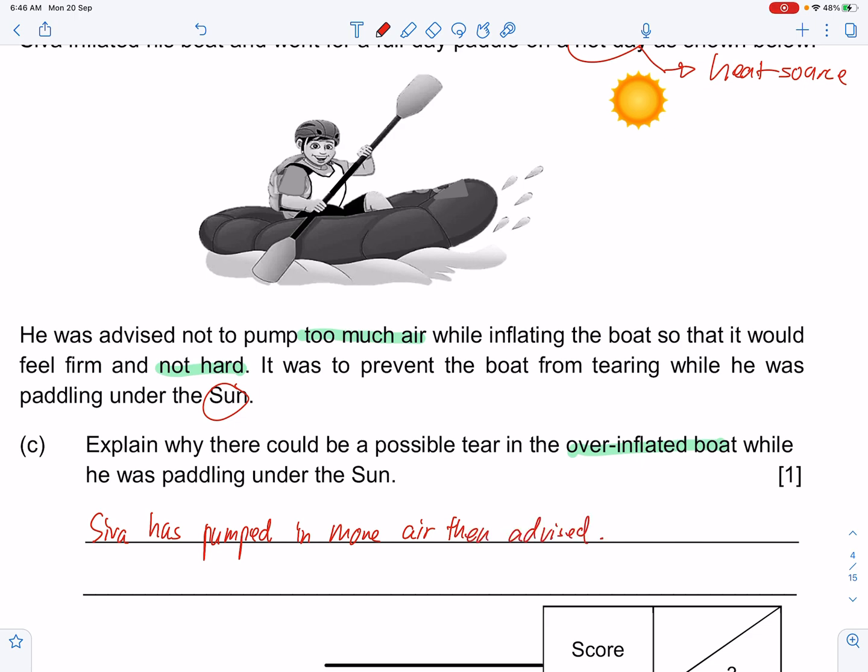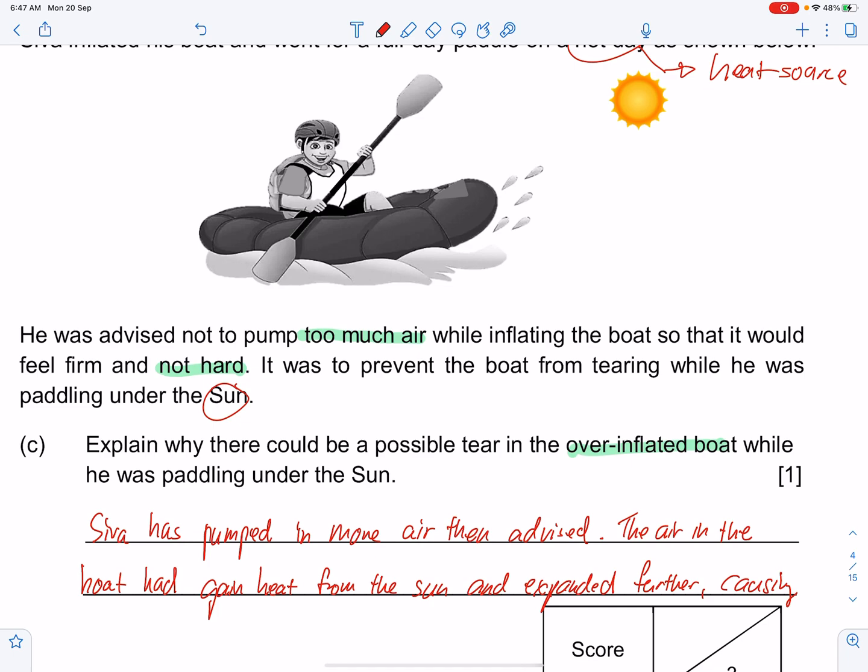Right? And then the next part, you have to say that then the air would have gained heat from the sun and expanded, further causing the tear.